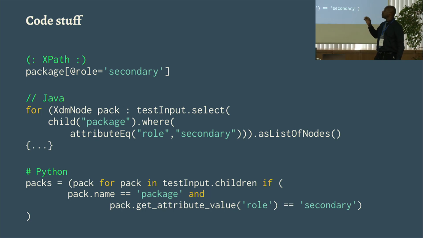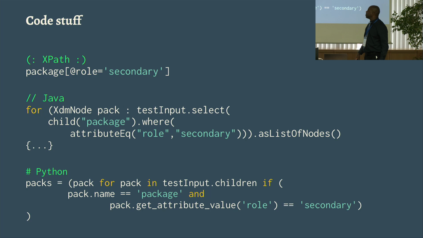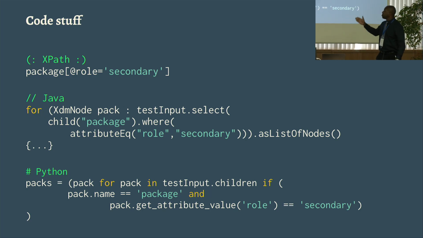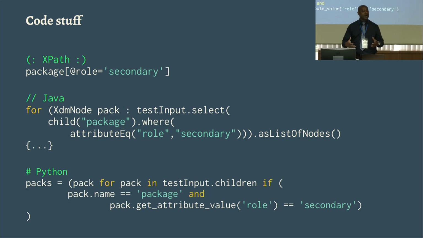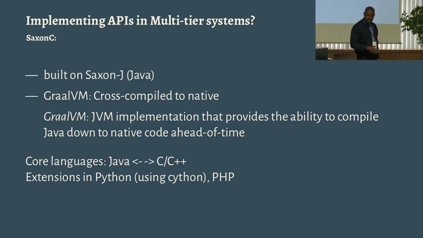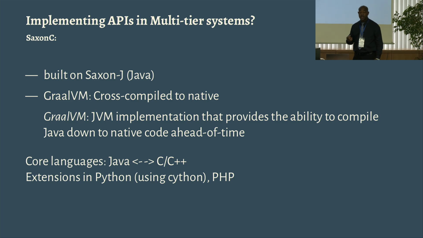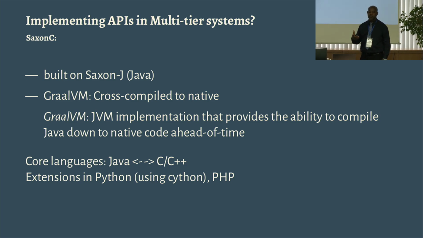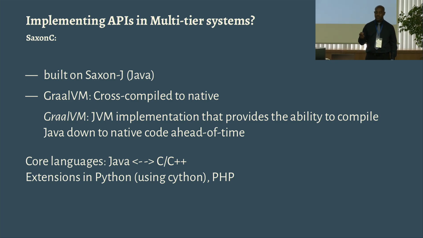You can use stream API to get all the package elements according to the attribute with role equals secondary. Even in Python, you can do a similar thing here as well. So already the APIs are trying to make it easier for the user. The focus here is more about Saxon C and dealing with some of these issues in a multi-tier system.